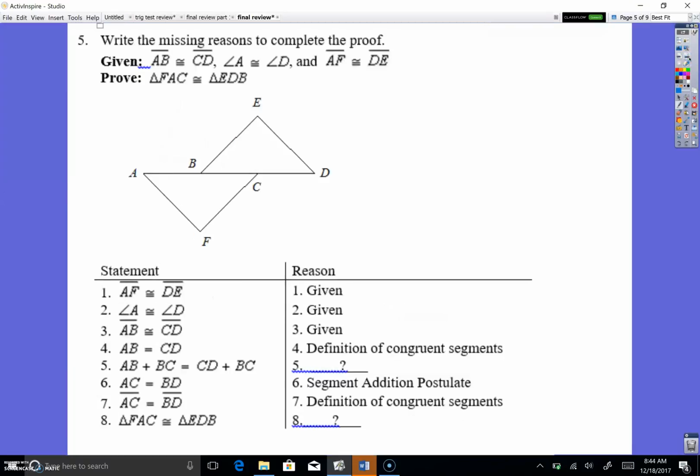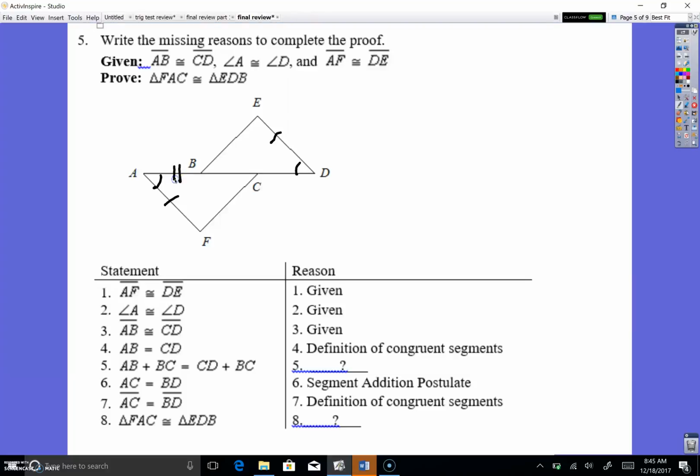Moving on to the next one. The missing reason to complete the proof. They give you all of this information. AF is congruent to DE. Angle A is congruent to angle D. AB is congruent to CD.